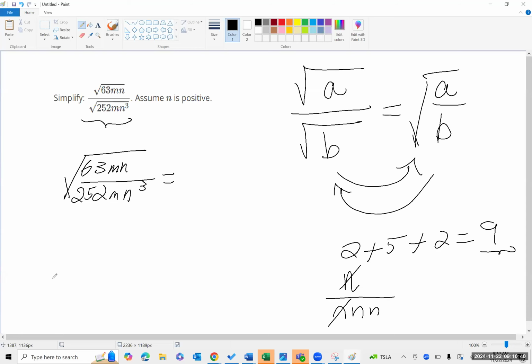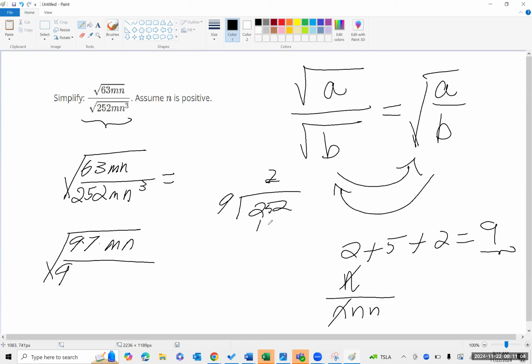So what I'm getting at is that we can write this as 9 times 7 times m times n, and then 9. Now I'm not sure how many times 9 goes into 252, so I'll have to do some scratch work. So it looks like it goes 28 times.